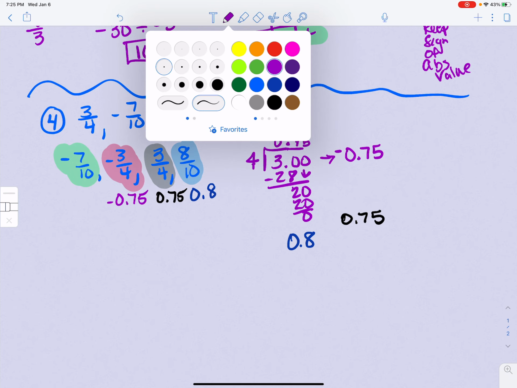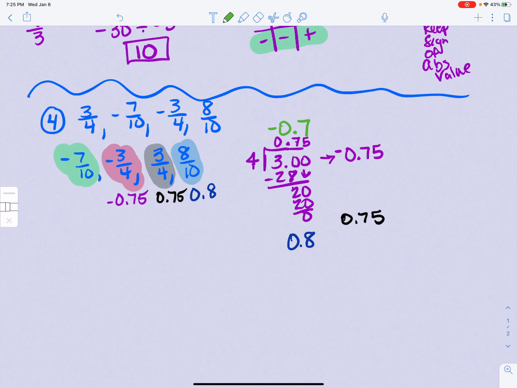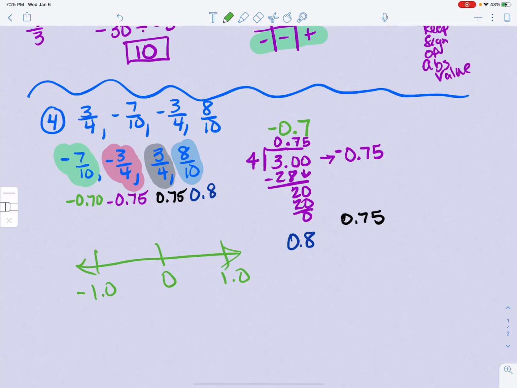And 7/10 is in green, so negative 0.70. So if I look at my number line, these are all between negative 1.0 and 1.0.